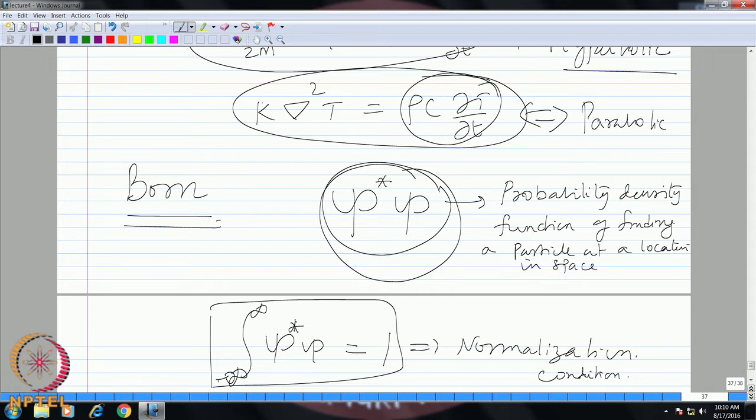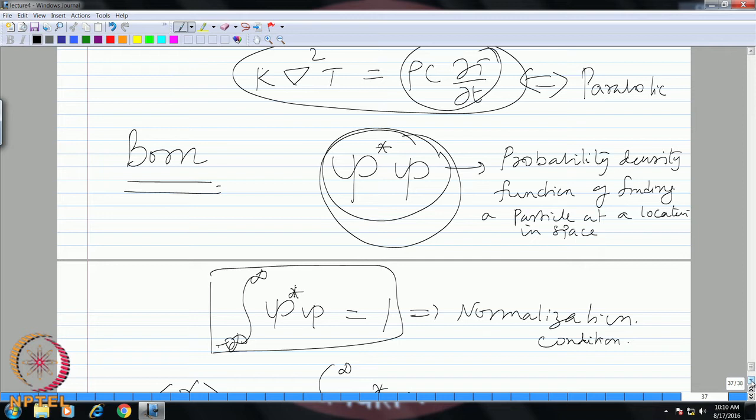So, according to the normalization condition, to find the particle somewhere in the infinite space from minus infinity to plus infinity, the integral of psi star psi should be equal to 1.